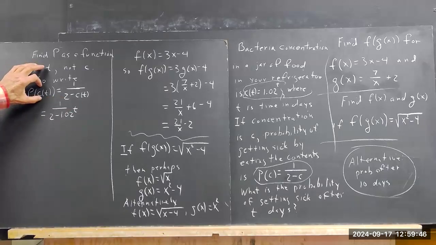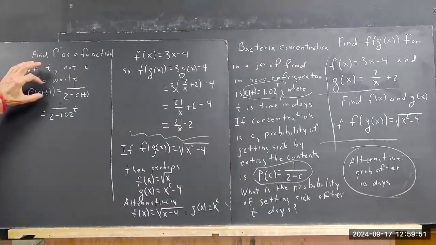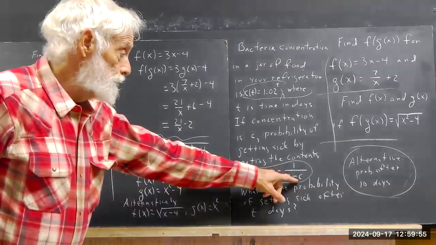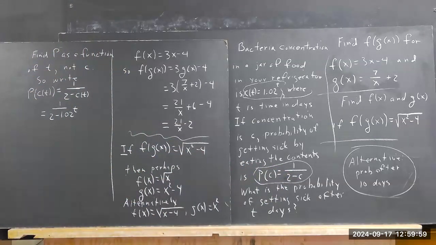We've replaced C here by now C of T. We replace this C by the expression C of T, and we get this. And that's it.